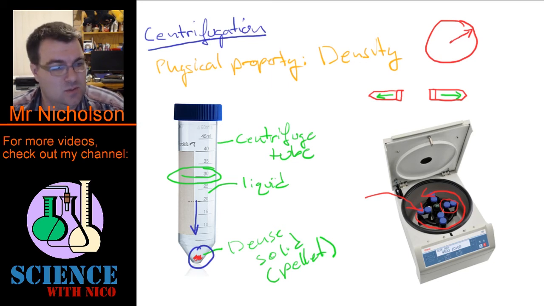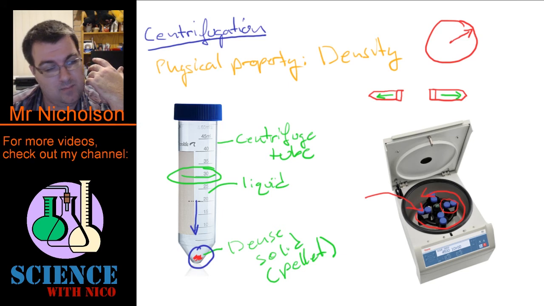The liquid is also known as a supernatant, and it can be decanted quite easily, but again, you need to be careful not to disturb your pellet.